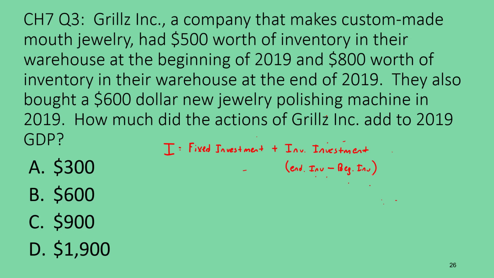So you just plug in those numbers and you should be able to calculate that out. Make sure that you don't mix up that inventory investment equation. Remember, it's ending minus beginning because it's measuring how much we've added to our inventories throughout the year.